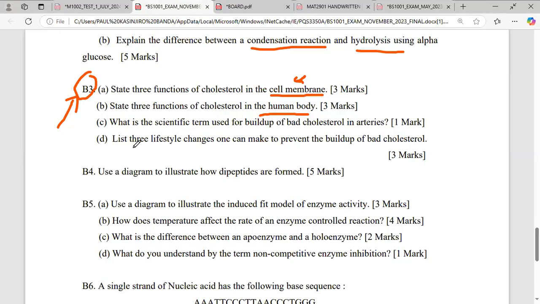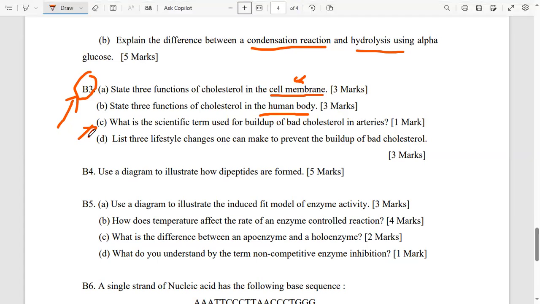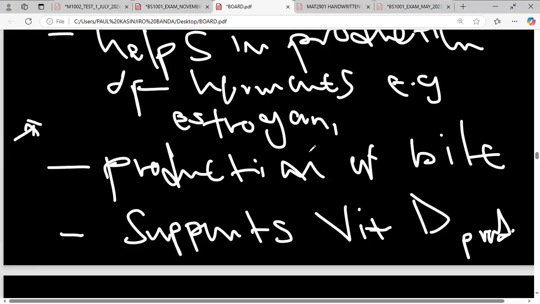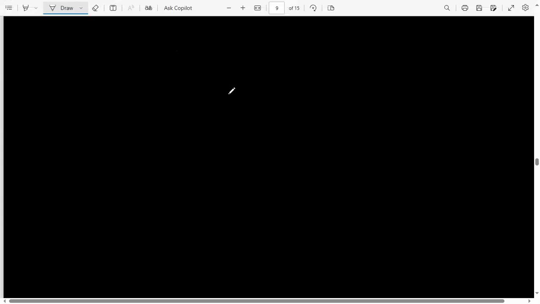When we look at question C, they are saying what is the scientific term used to describe the buildup of bad cholesterol in the arteries. This is a very common condition in hospitals and clinics. When you have an abnormal intake of fats, those fats will start piling up in the artery.